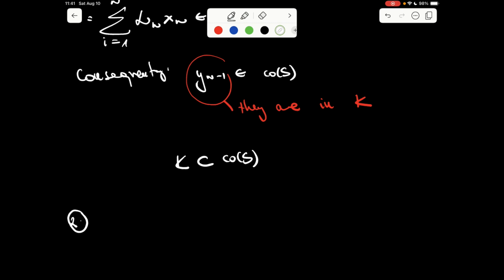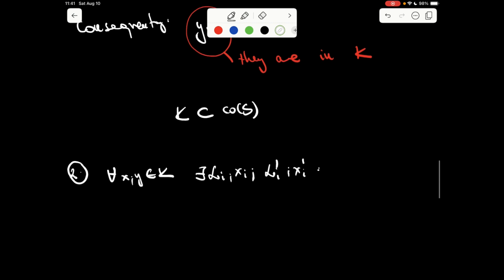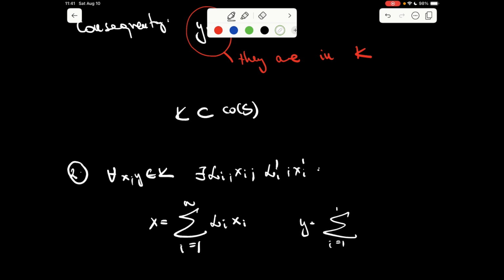It is true that for any vectors X and Y in K, we can find weights and vectors such that X is a convex combination, and Y is a convex combination.